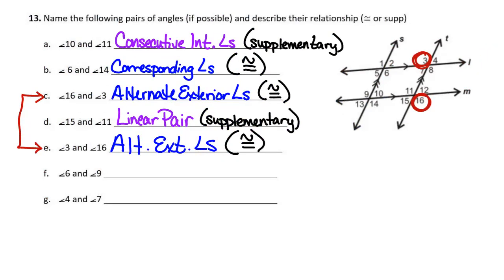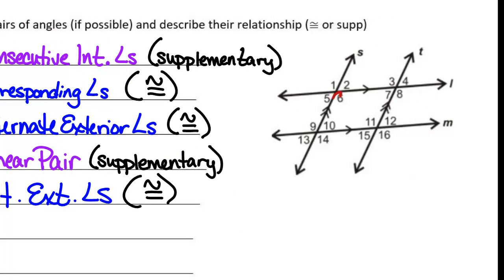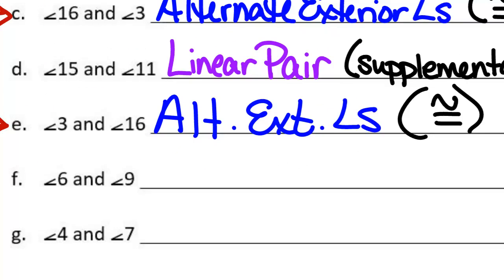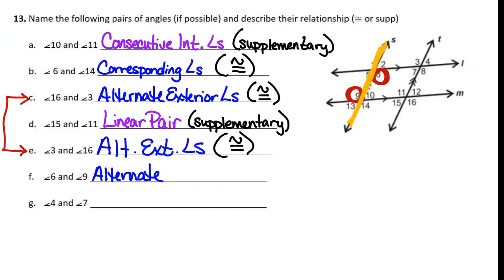All right, 6 and 9. 6 is here. 9 is here. What's the transversal connecting them? S. Same side or opposite sides of S? Opposite sides. And what word do we use for opposite sides? Alternate. What are the two lines that S is crossing?